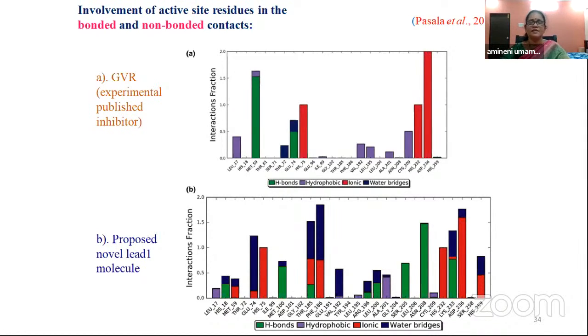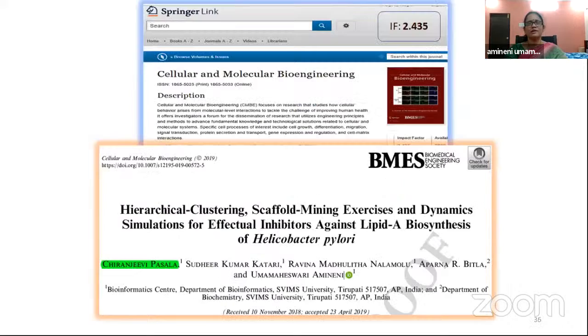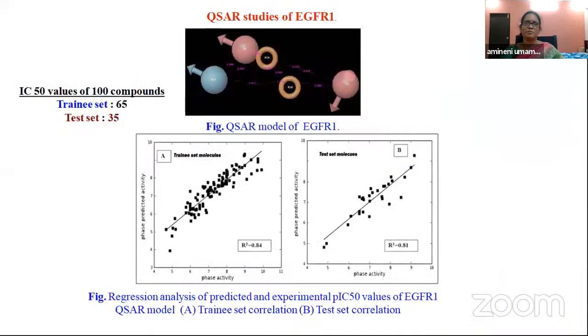If you see this, we have more interactions with our lead molecule, so we can propose this. Not only with the scores, we can also see the interaction plot. This work is published in the Journal of Molecular Graphics and Modeling, and in Cellular and Molecular Bioengineering, from the Biomedical Engineering Society, we also published one paper.